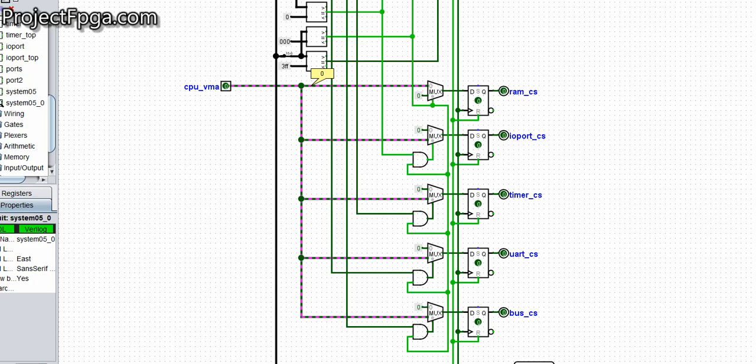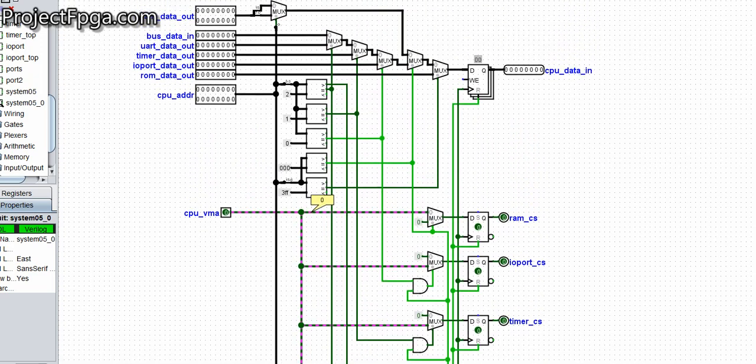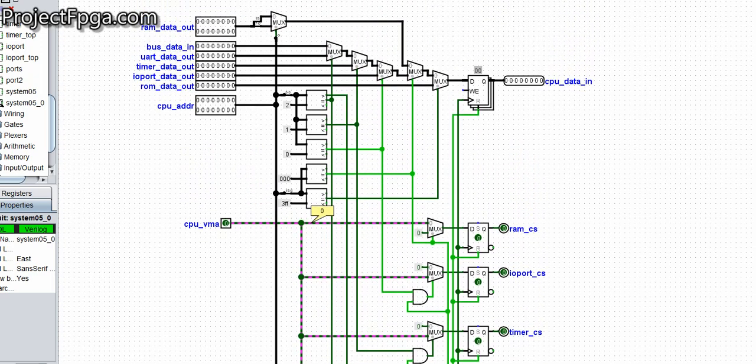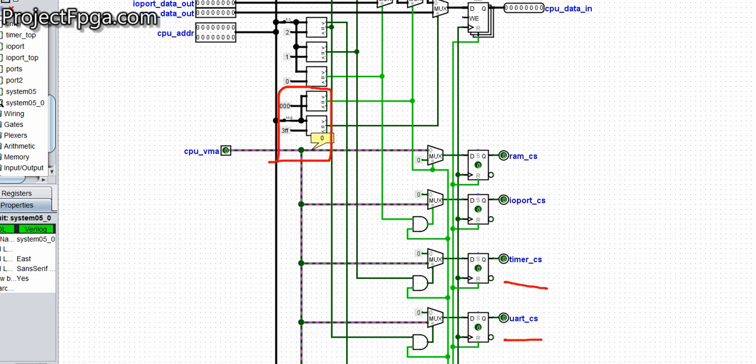One thing about the architecture of this circuit is whenever the CPU is reading, it is also writing equally. So that is why these three comparators are used to select either IO port, timer, or UART.